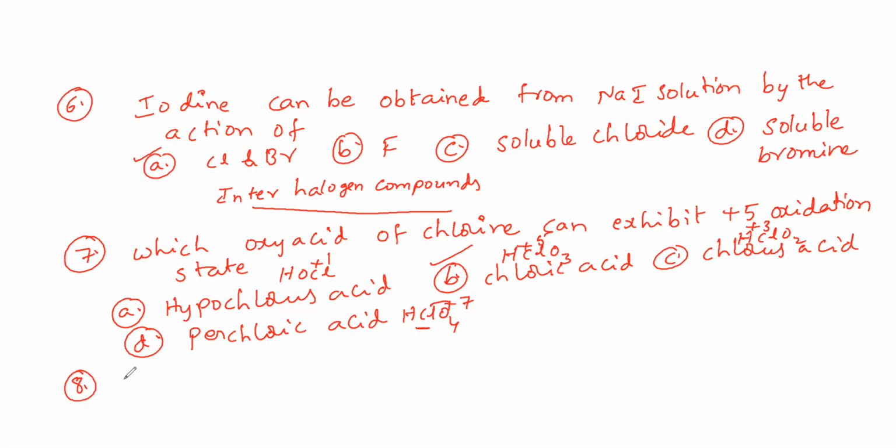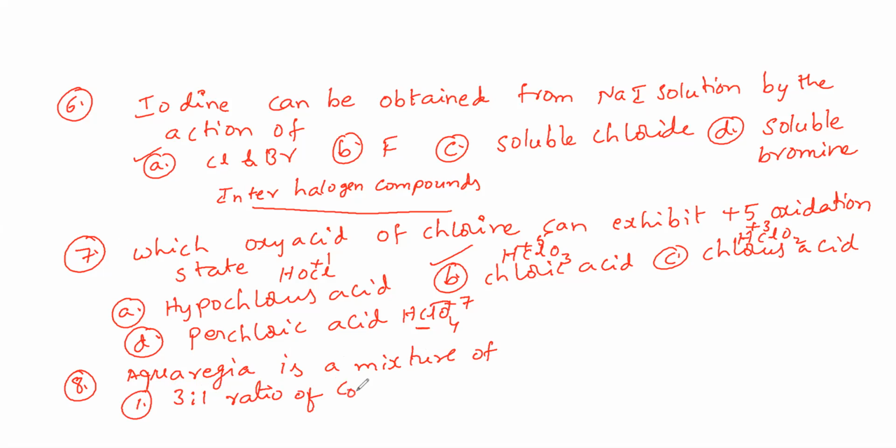Next, question number 8. Aqua regia is a mixture of... Aqua regia, this also I told you is very important. First option, 3:1 ratio of concentrated HCl and concentrated nitric acid.